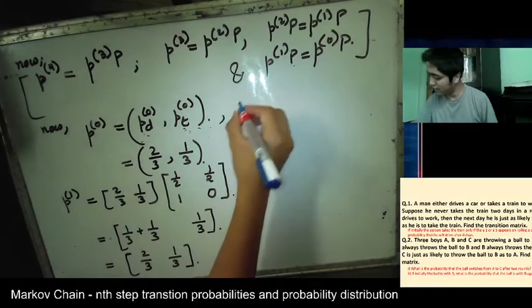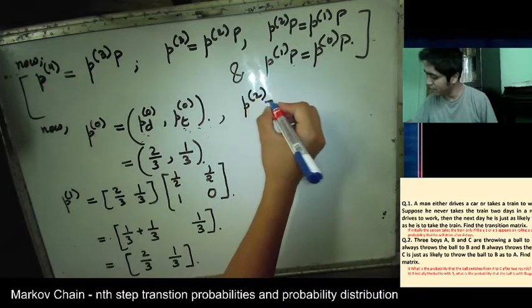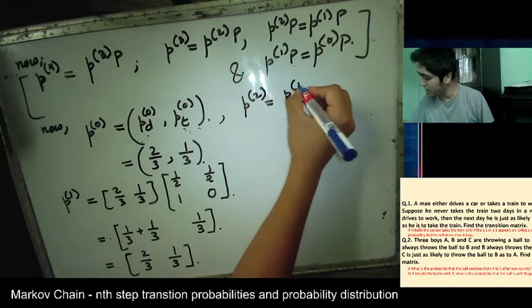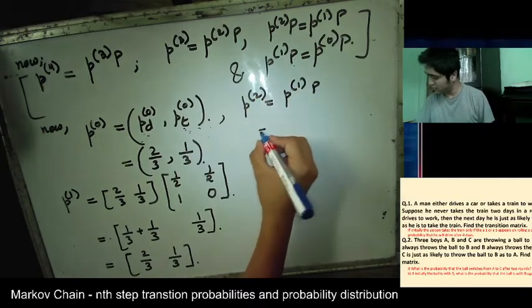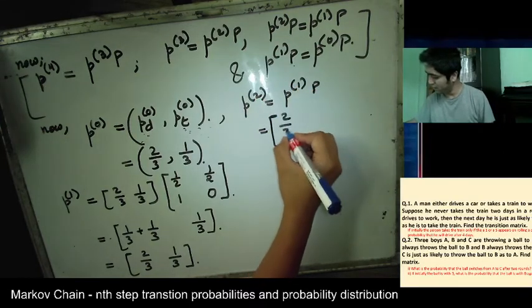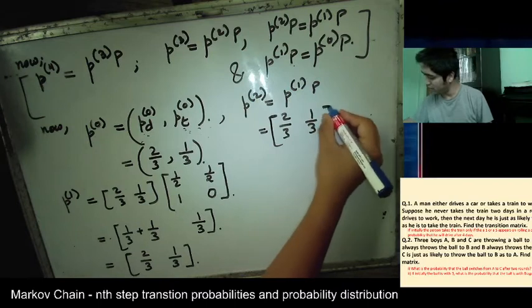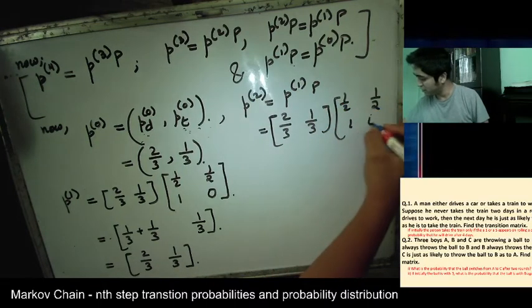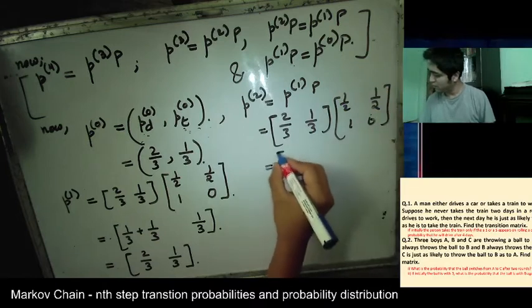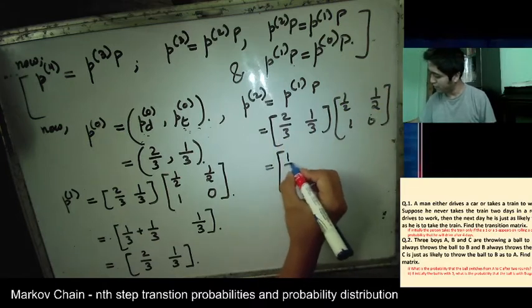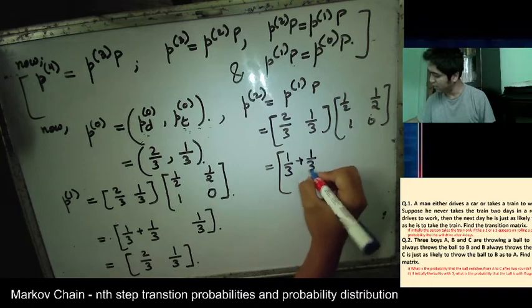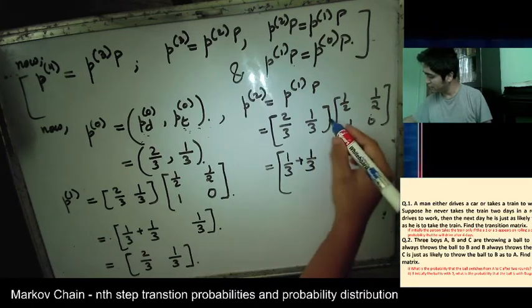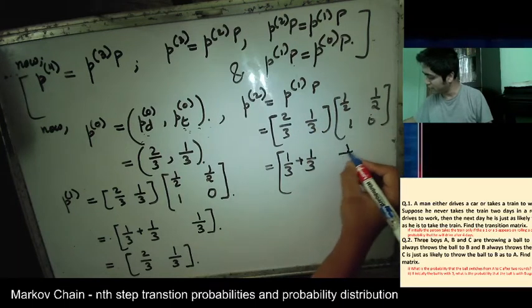Now we can calculate P2, which is P1P. It is equal to 2 by 3, 1 by 3, times 1 by 2, 1 by 2, 1, 0. So you will have 1 by 3 plus 1 by 3, and over here you will have 1 by 3 again.